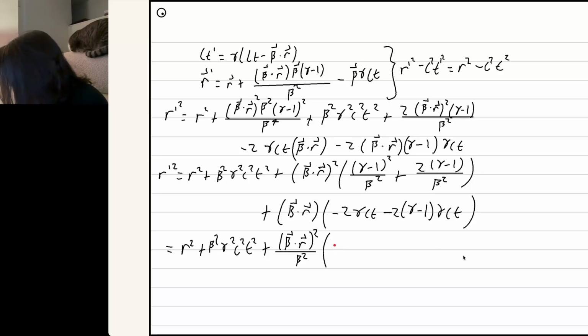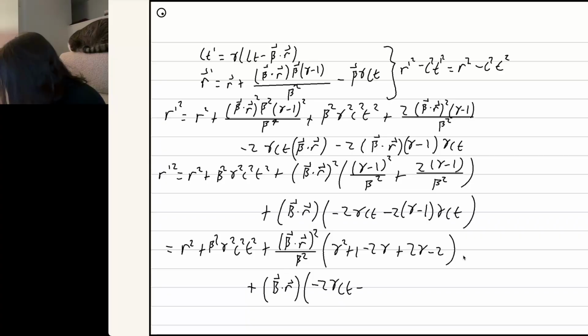Inside we're going to expand the (gamma minus 1) squared, so it's gamma squared plus 1 minus 2 gamma, plus 2 gamma minus 2. And then in here, we have minus 2 gamma ct minus 2 gamma squared ct plus 2 gamma ct.